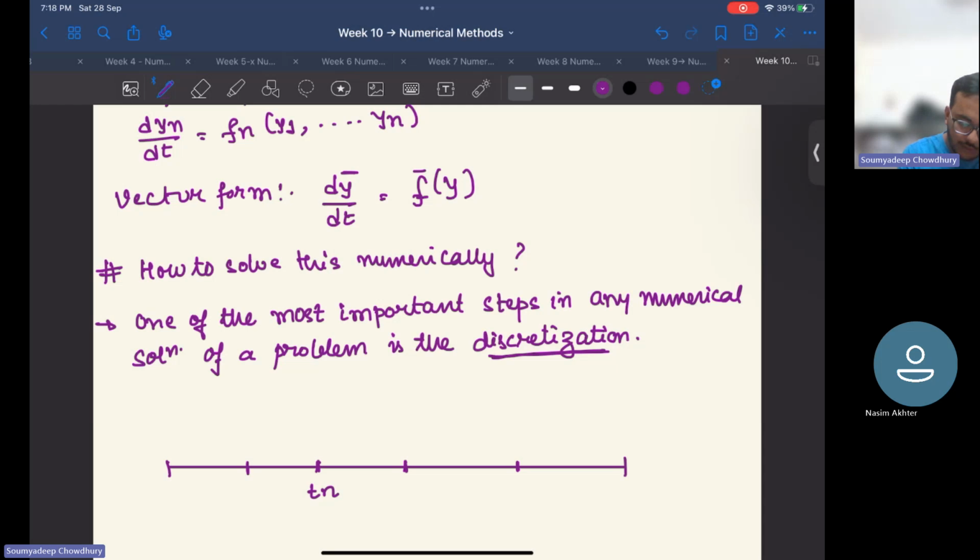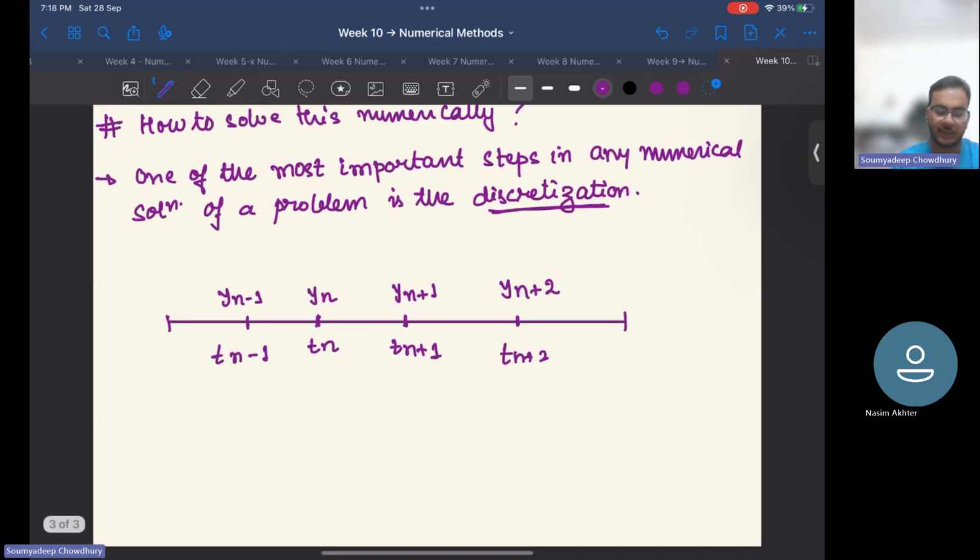Suppose at Tn the value of the function is Yn. At Tn minus 1, the value is Yn minus 1. At Tn plus 1, the value is Yn plus 1. So in this type of problem, any one solution will be given to you, right? And the space between these discretized intervals is given by h.